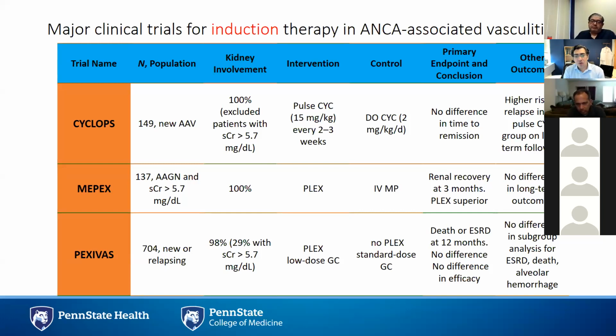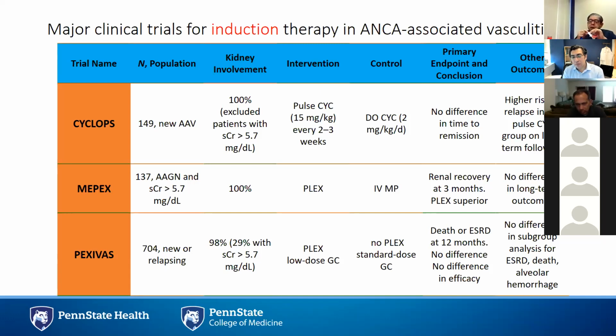Then there were follow-up larger studies, and I think before, in the MEPEX era, we actually performed plasma exchange for many patients who fulfilled those criteria. Then there was the PEXIVAS trial, which had 704 patients, and 29% had creatinine more than 5.7, and 98% had renal involvement.